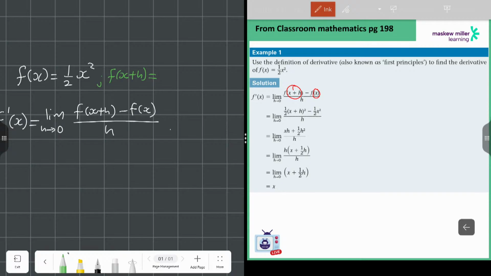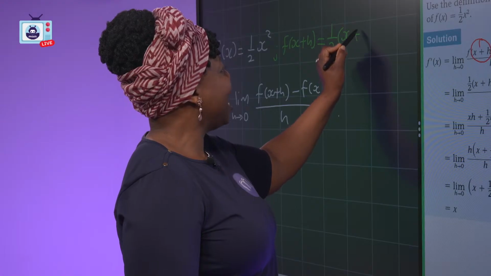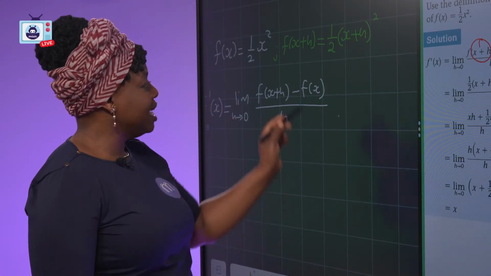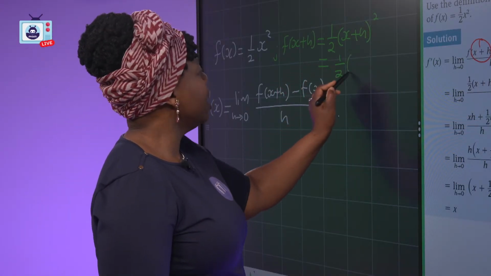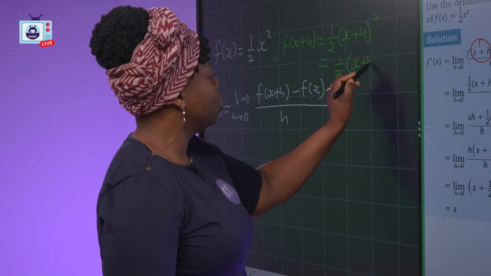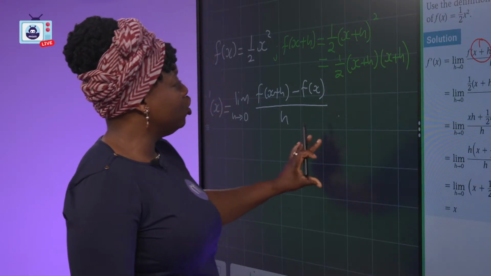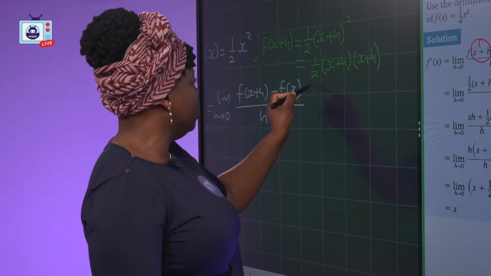So when we do that here, we're going to leave our half, which is 1 over 2, since we are not really touching it. And then where there is x, we are going to put x plus h, and then we square that. This will give us a half, and then we have x plus h multiplied by x plus h. Always make sure that you write that first and you deal with it until you get to the answer.